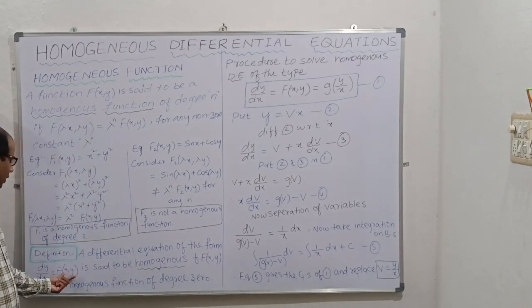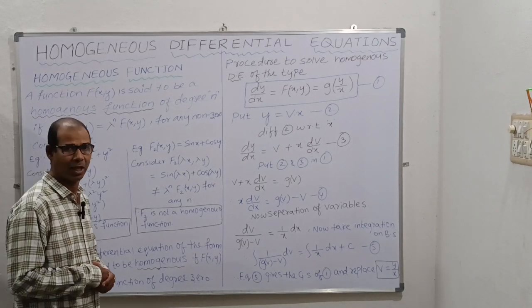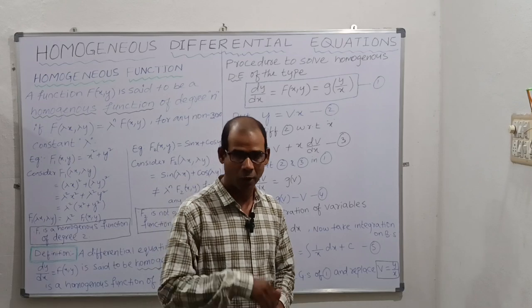Only then is this differential equation a homogeneous differential equation, right? Is it clear? If this function becomes a homogeneous function of degree 0, then this differential equation is said to be a homogeneous differential equation, right?